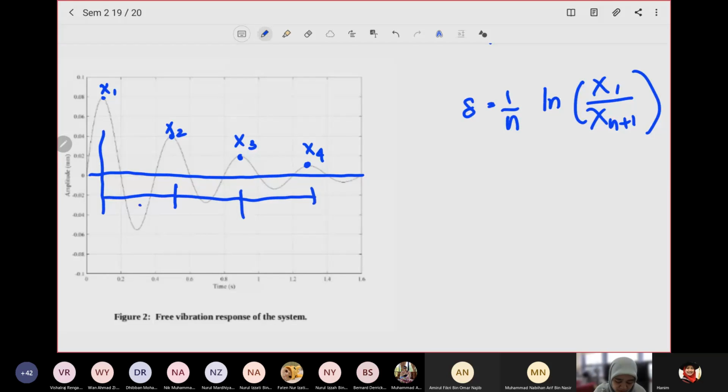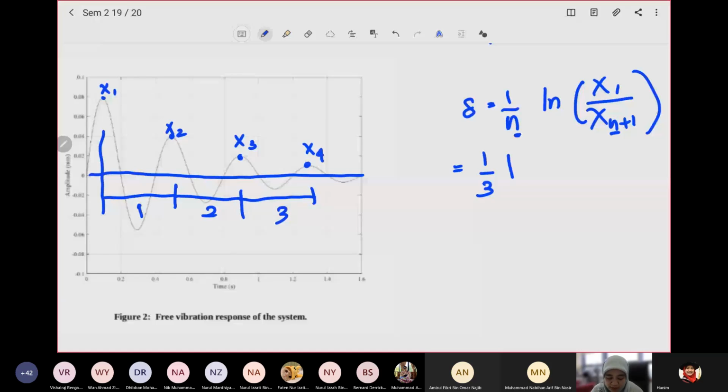So basically 1 peak to peak is 1 cycle, so 2 peaks, 1 cycle. So with 4 peaks, you have to minus 1. That's why the equation is n plus 1, because you always have an extra peak. So 4 peaks, you have 3 cycles. Are you with me? Yes, madam. Okay, very good.